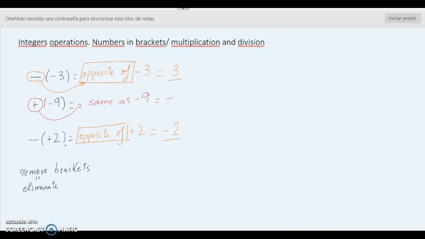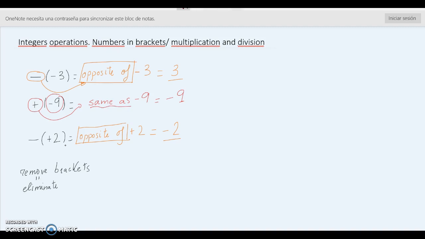This is obviously minus 9. So what you can see is that we don't change the number that is inside the brackets.